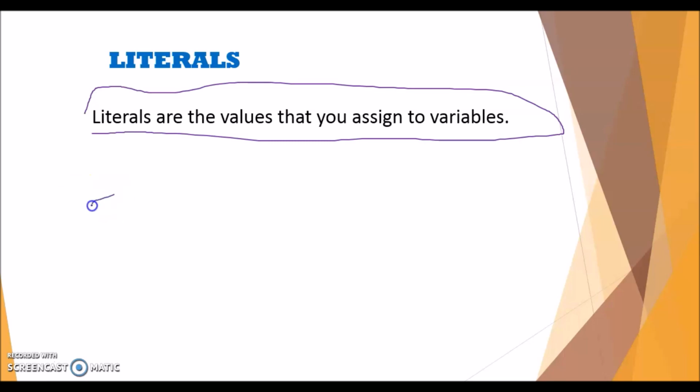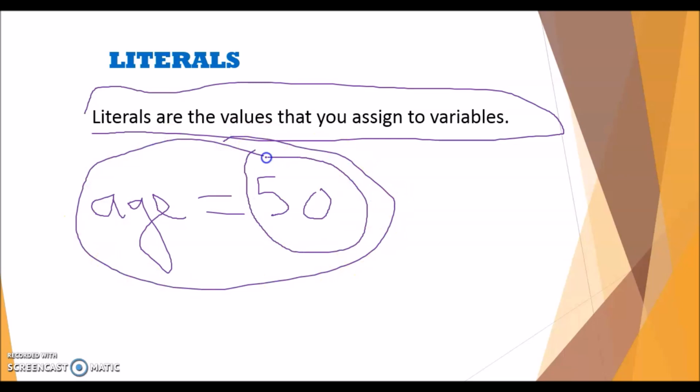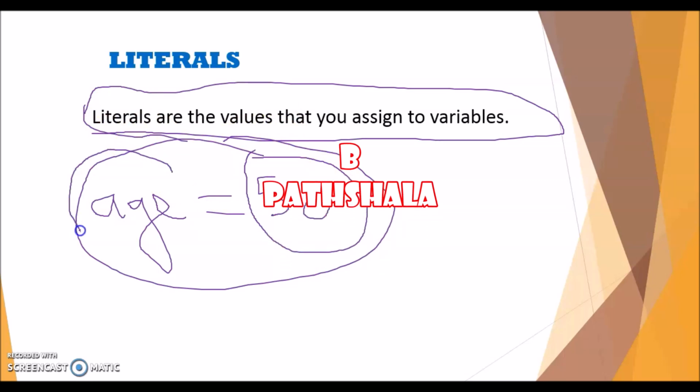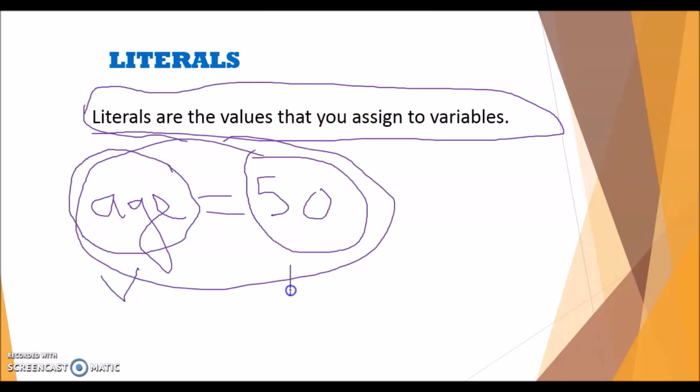For example, if age is a variable and I write age equals to 50, then the value 50 is called a literal, because it is the value being assigned to the variable. Here the variable is age and 50 is the value, known as the literal.